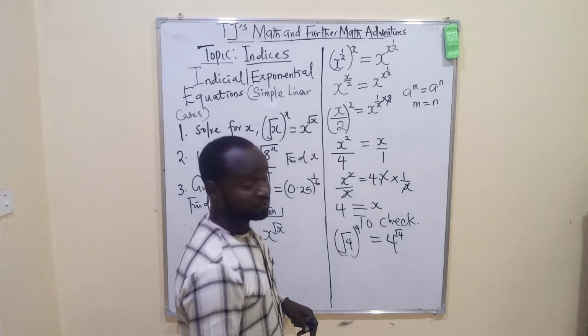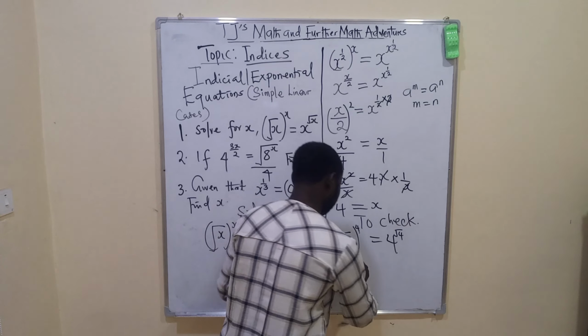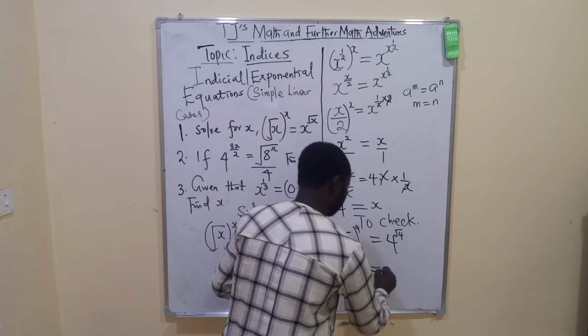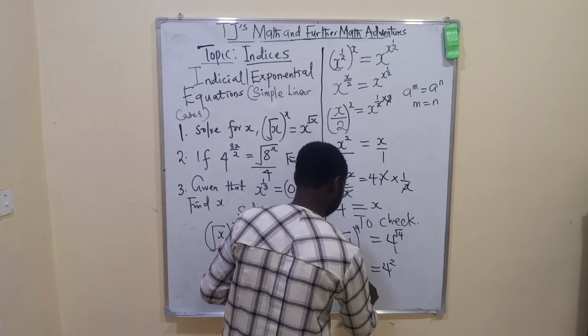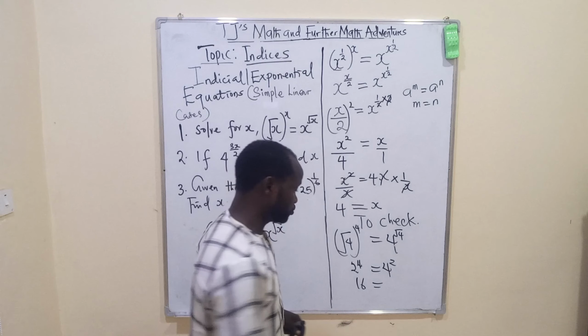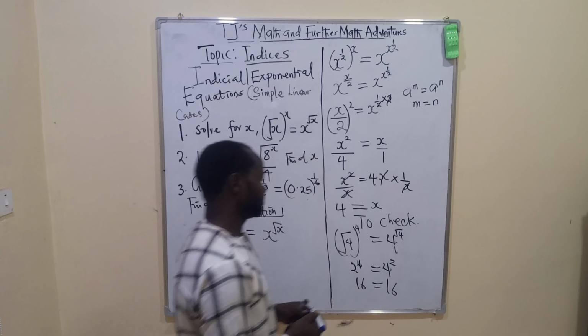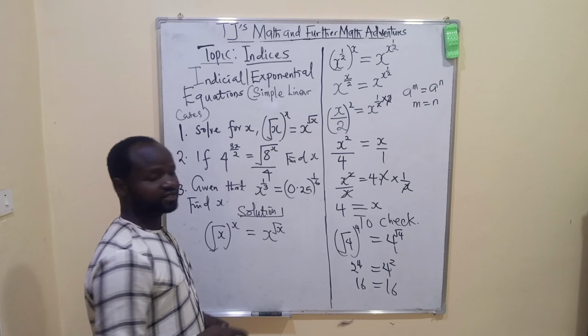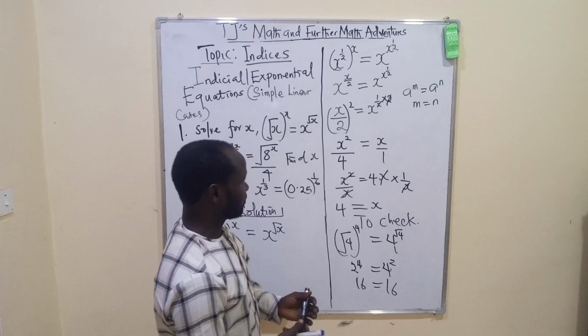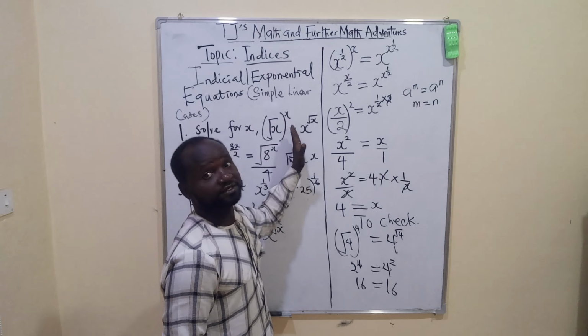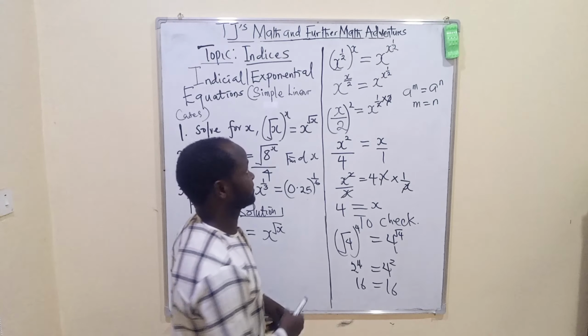Square root of 4 is 2. 2 power 4, then what we have here is 4 power 2. 2 power 4 is 16. And 4 power 2 is 16. So the left hand side and the right hand side are the same. So the value of x is 4. That will satisfy both the left hand side and the right hand side.